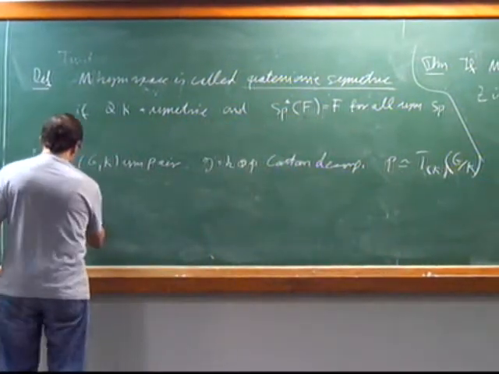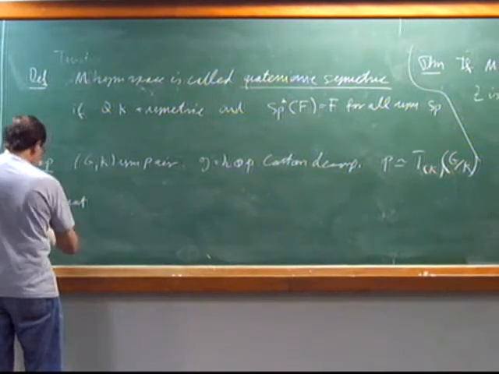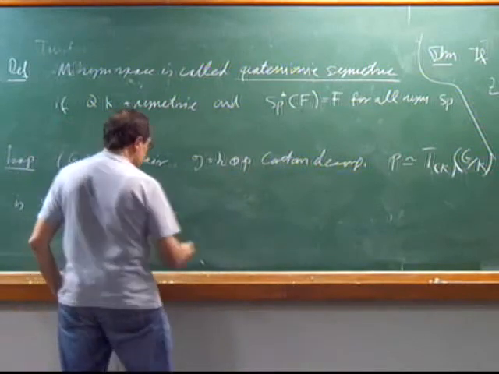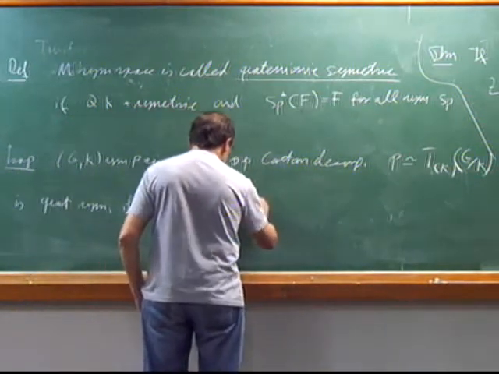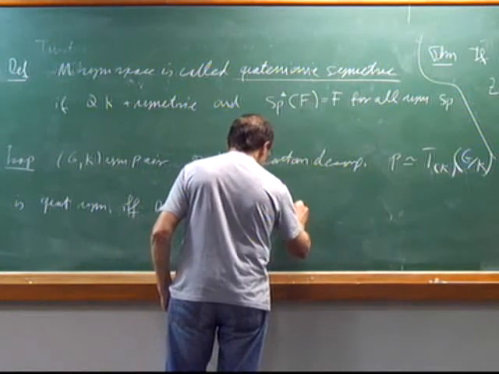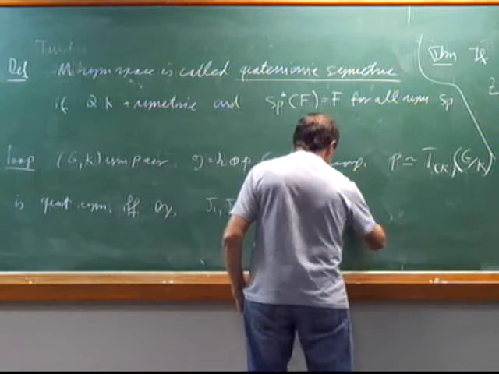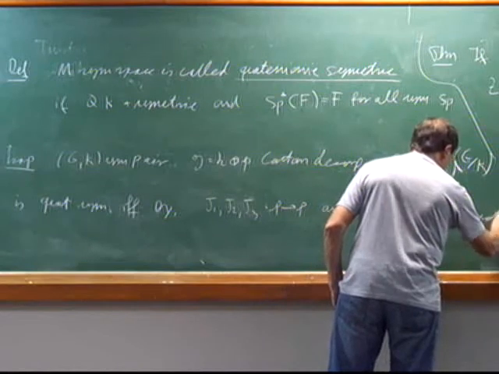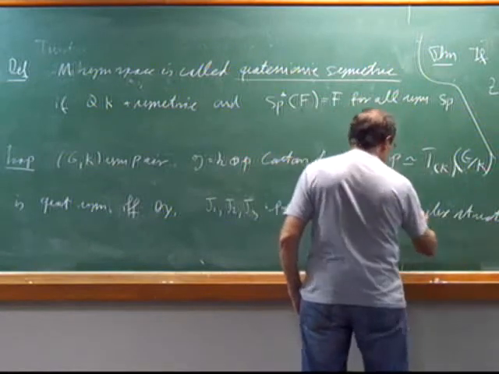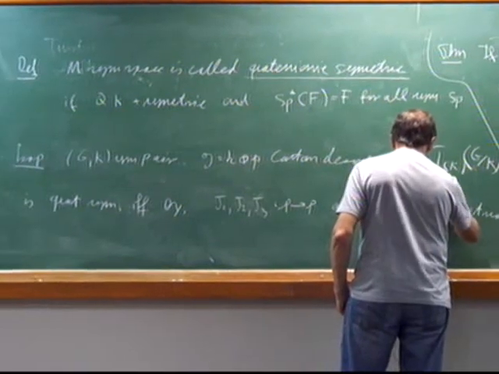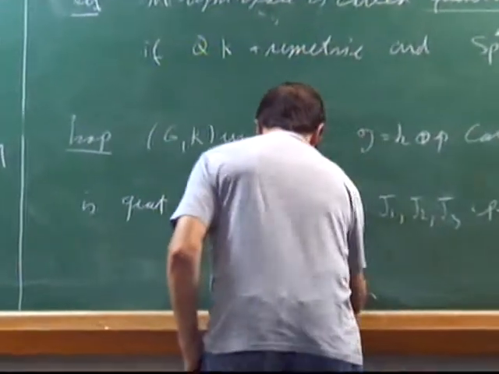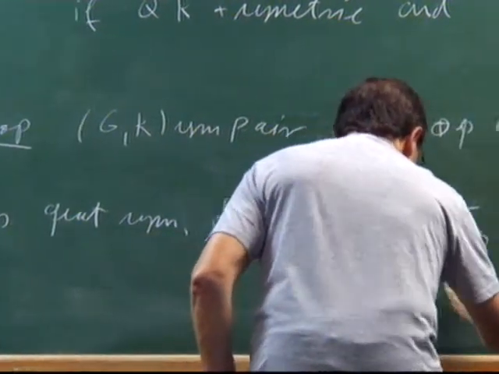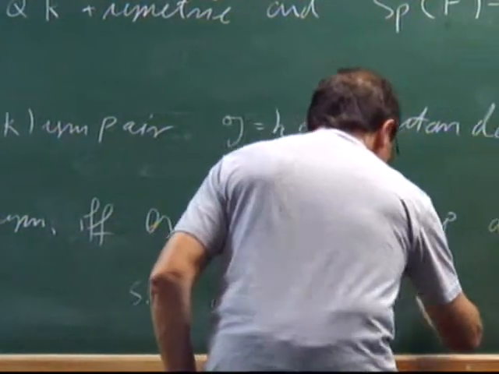Such a symmetric pair is quaternion symmetric if and only if there exist J1, J2, J3 from p to p, again anti-commuting, orthogonal complex structures, such that the action of K preserves the span of those three.